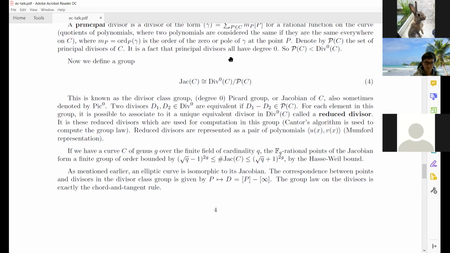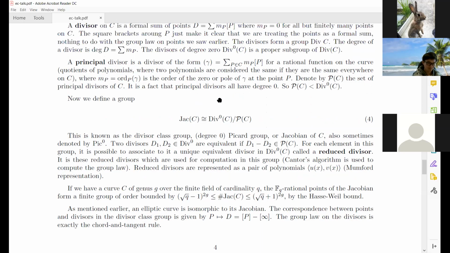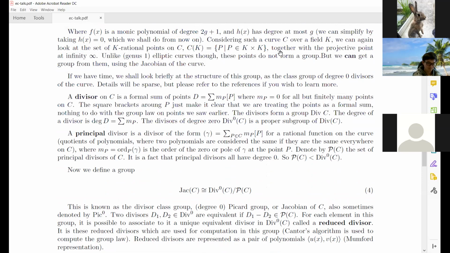But we've got this group now of degree 0 divisors, quotient by the principal divisors, and a group law called Cantor's algorithm. And this now is a group, but it's not isomorphic to this set of points.